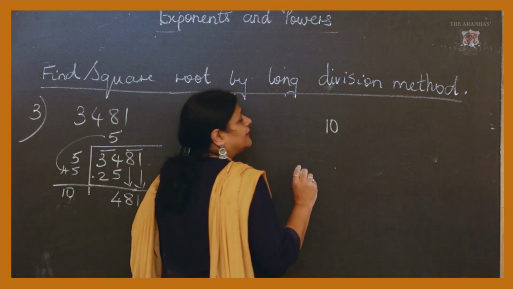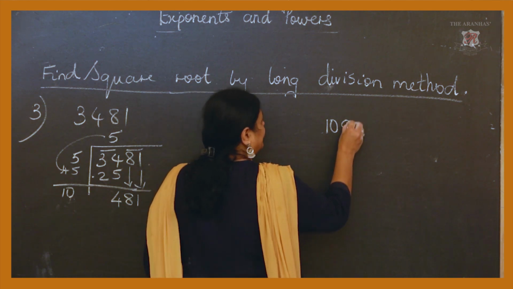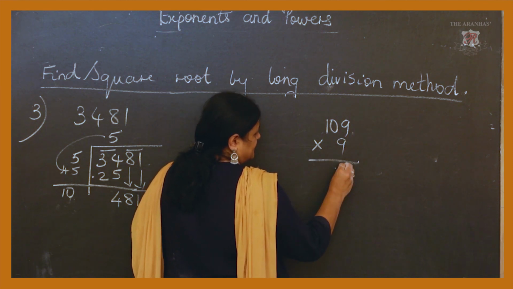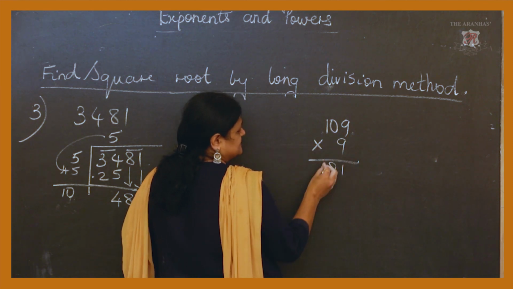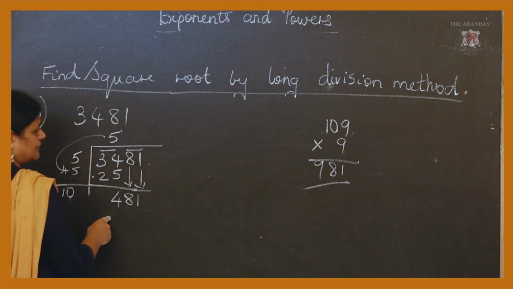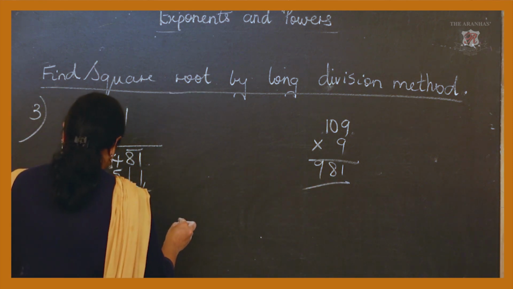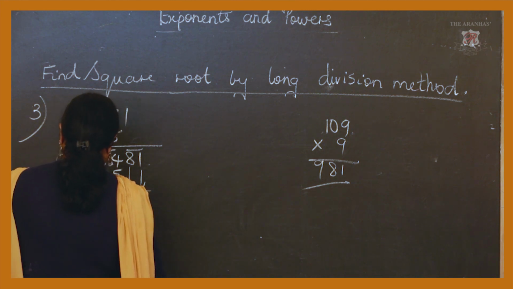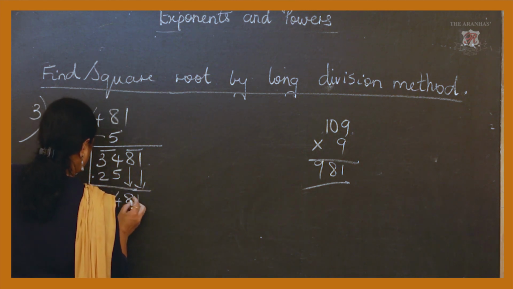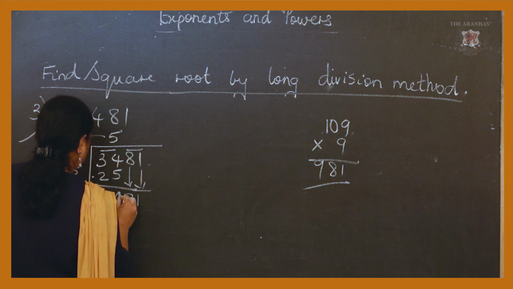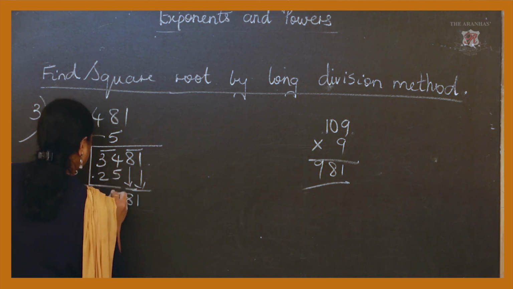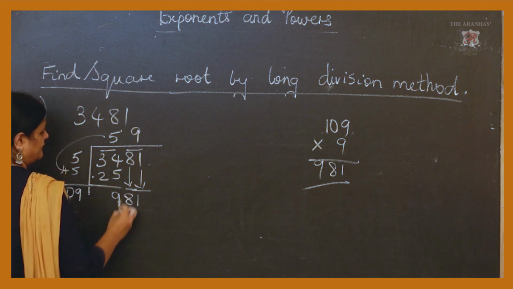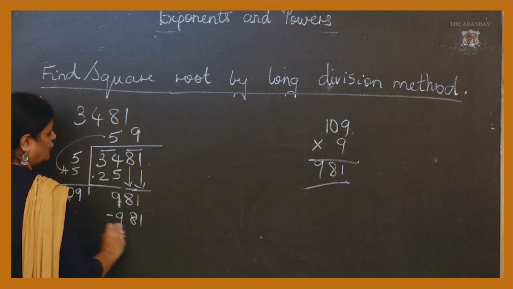Suppose you are taking 10 into 9. 9 9s are 81. 9 1s are 9. So 109 into 9 will give you 981.